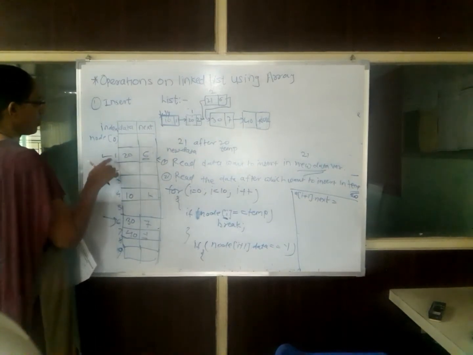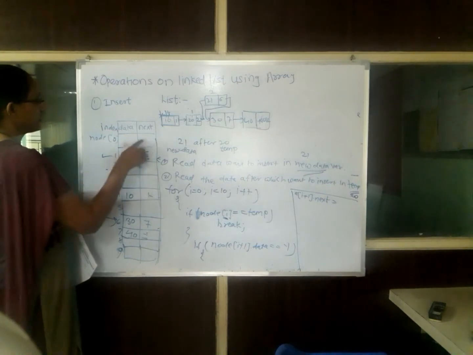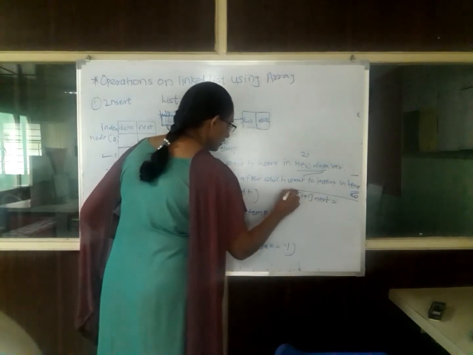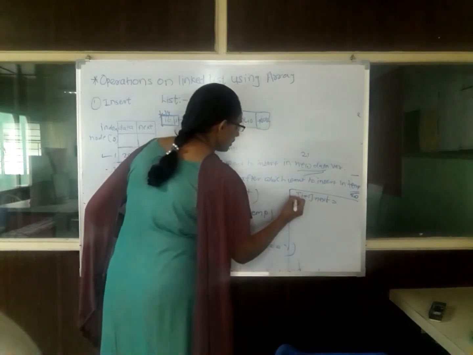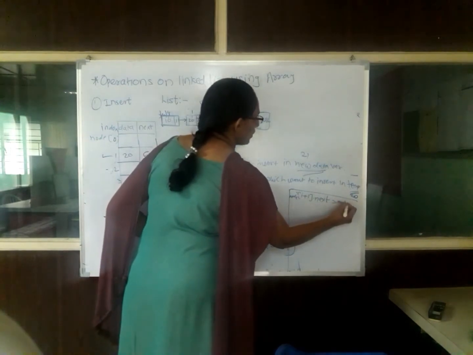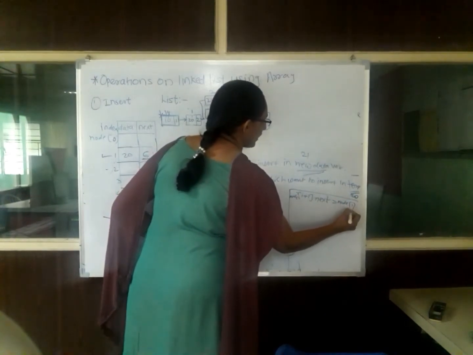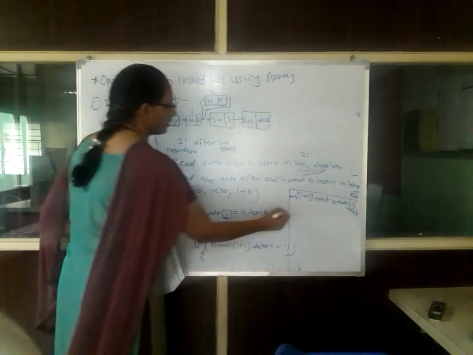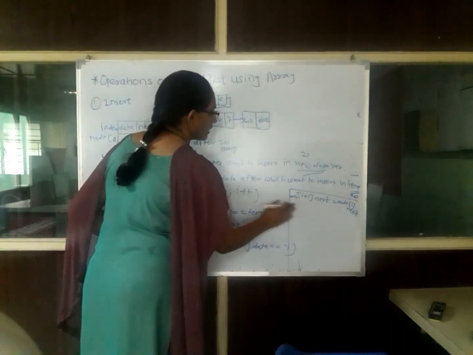This we want. How will we get it? i next. So node of i plus 1 next is equal to node i next. Node i next. Then next is what?